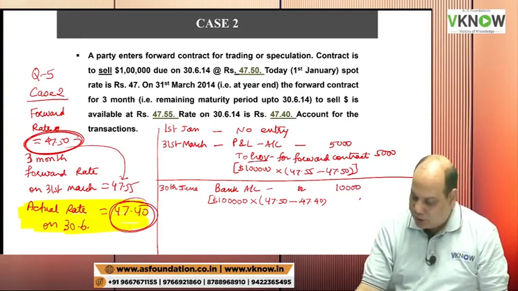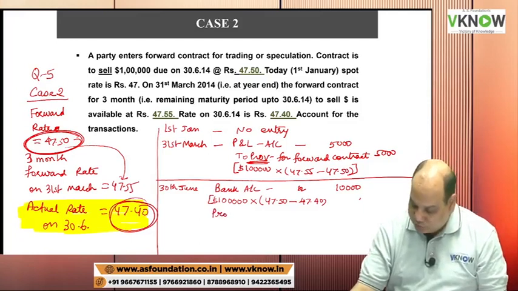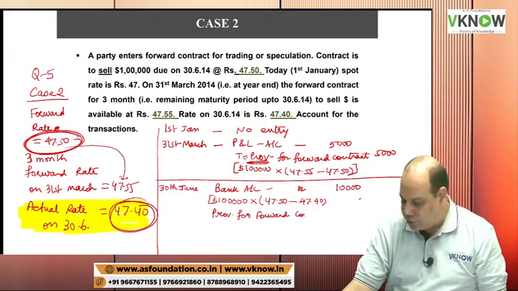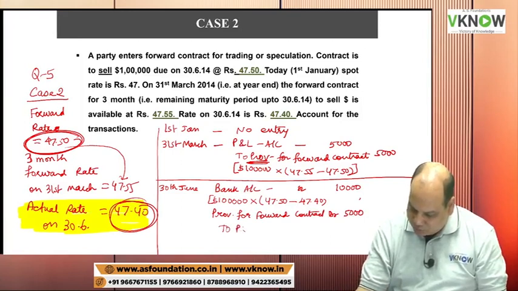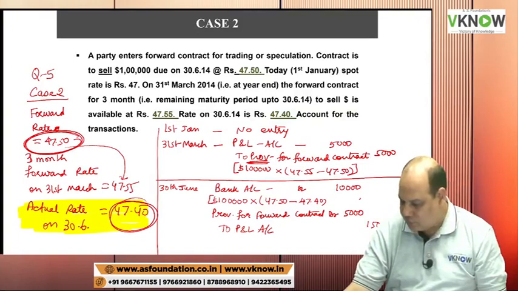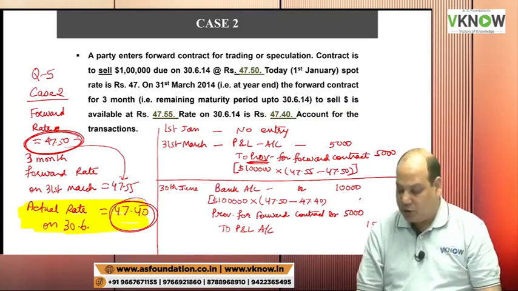Then I have created a provision account. Provision account reverse. Provision for forward contract. Reverse it and close it, 5,000, to P&L account 15,000.